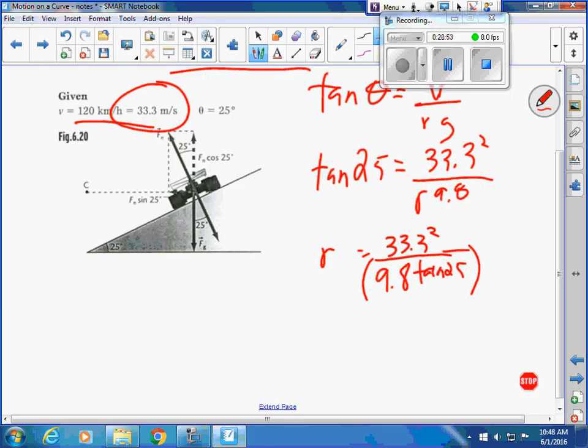You should get a radius of 243. Tan 25. You're not finding the angle. You got 242? 242 probably rounds up. 243.